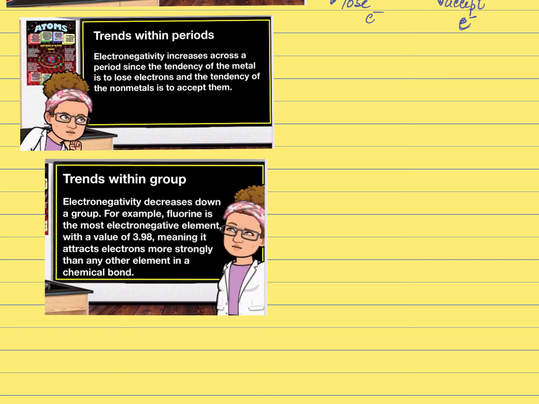When you are comparing metals, the further down they are, the less the electronegativity is going to be. But when you are comparing metals and non-metals, the non-metal is always going to have a greater electronegativity than the metals because of the tendency of the metal just to lose electrons.